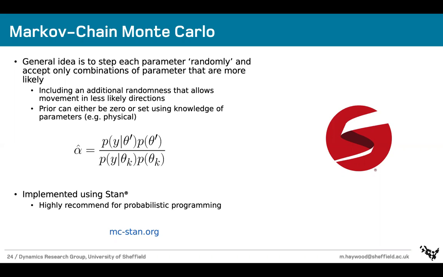So in this case, we can use prior knowledge of what is a reasonable elastic constant. We're not going to say it's between 0 and 1; we'd say it's between 0 and 200 gigapascals. And you could give it an actual distribution over these parameters as well. It includes a little bit of additional randomness that allows it to move in less likely directions as well as more likely directions, so that we can actually simulate the full distribution.